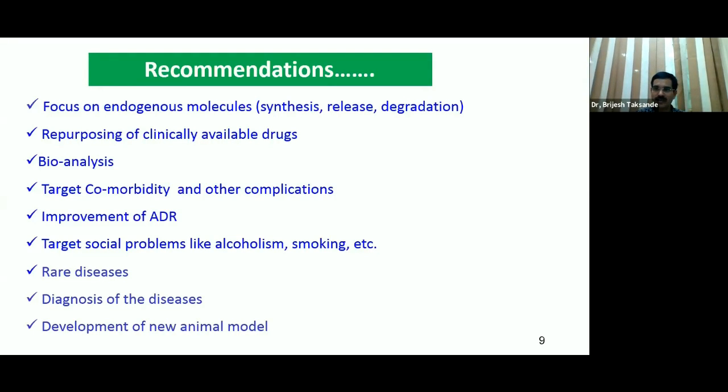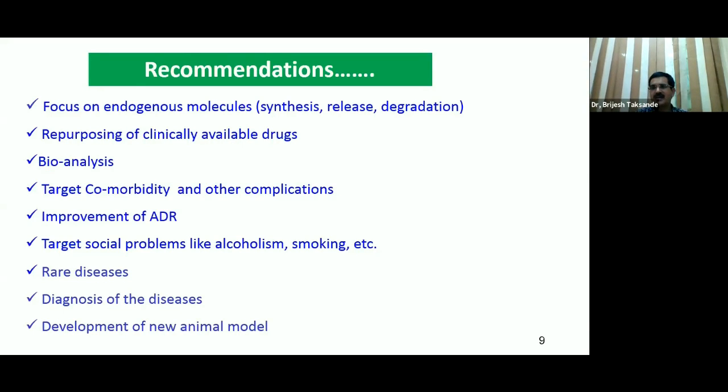If you explore them, it may be associated with drug discovery as well as development. So synthesis, targeting their release, targeting their degradation, and ultimately increasing their own level in the body would be a fantastic way to carry out research in your PG program, right? So this is not only applicable to pharmacology students.